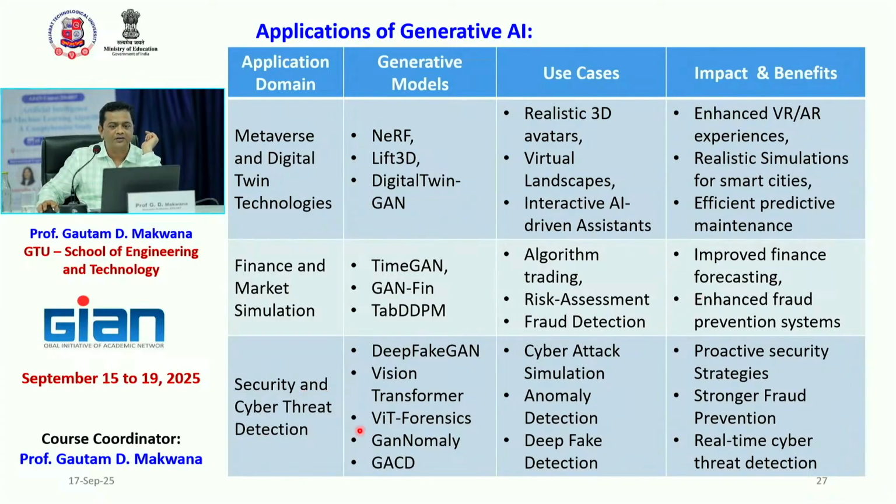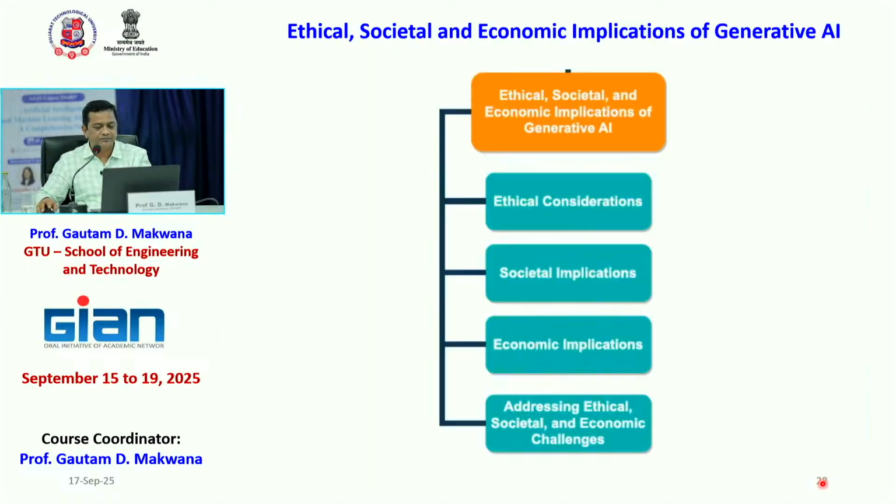Security and cyber threat detection use different types of generative models: deepfake, GAN, Vision Transformer (ViT), forensics, GAN normally, and DC are the models. It is used for cyber attack simulation, anomaly detection, deepfake detection. The impact and benefits are proactive security strategy, stronger fraud prevention, real-time cyber threat detection.